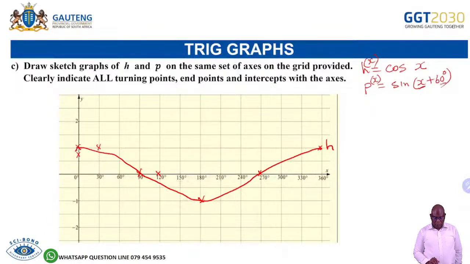So at 210 it will be at 270, which is going to be -1. So I can do that. Let me just do the points here. This point, that point, and that point. So it goes up there, and then from there at 300 it will be at 360. It will be at 0.